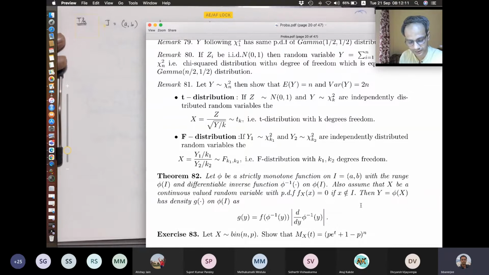Probability that X belongs to I is 1, and the density exists.